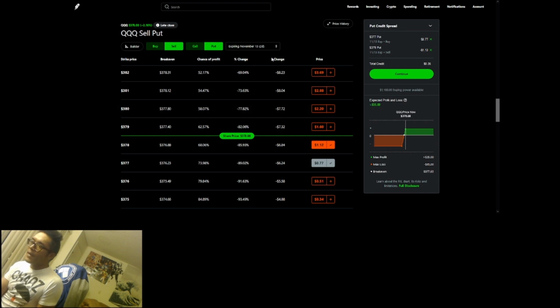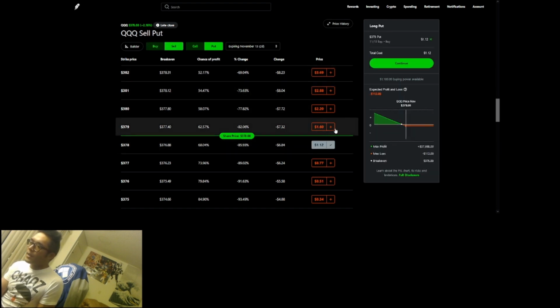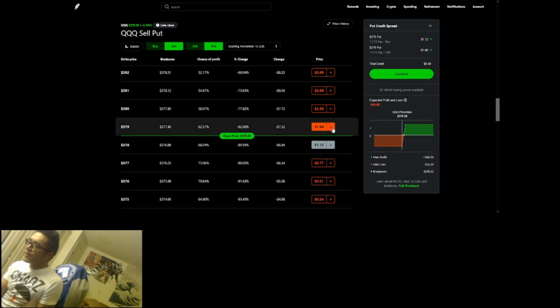Quick calculation of how this works out. Difference in the cost of these options actually determines what you're playing for and how much collateral you need. So if I wanted to do the at the money one, I will buy this one and then sell this one. So that's where that $52 comes from. That is the amount of collateral you actually need to start this up.